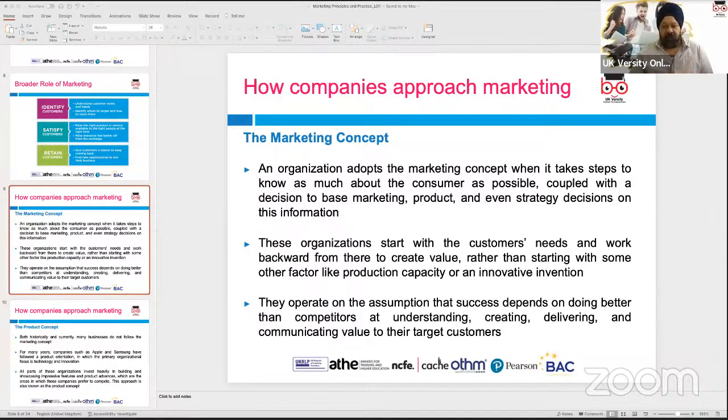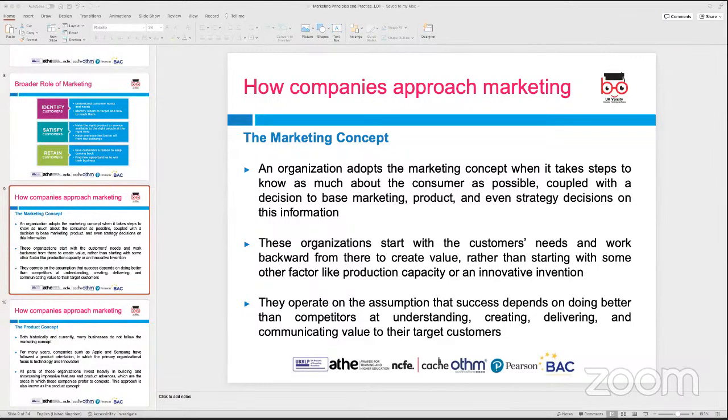So when we talk about the marketing concept, what we are looking at is primarily that brands are going to utilize the marketing concept by spending time getting to know their customers. And this allows companies to understand the likes and dislikes of customers.